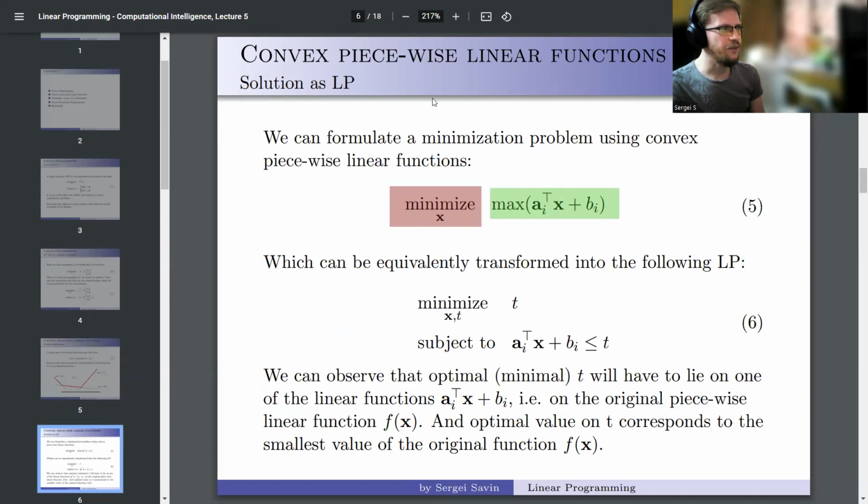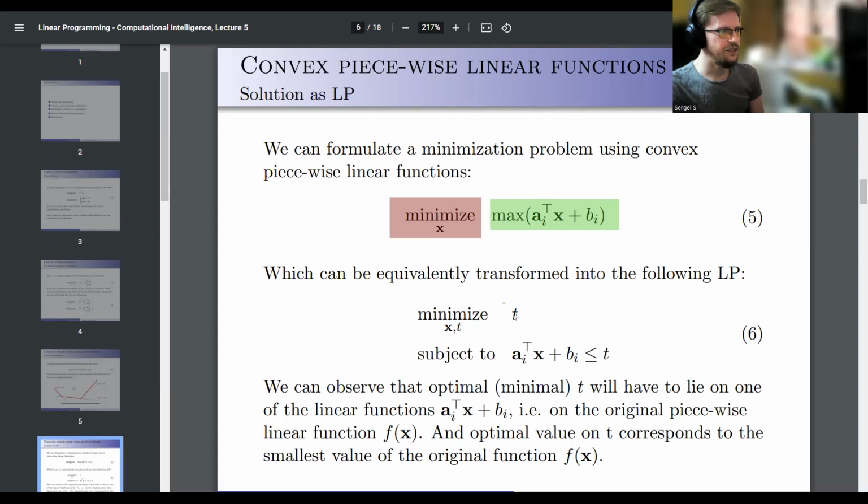This can be equivalently transformed into the following LP. You minimize t, subject to a new constraint.